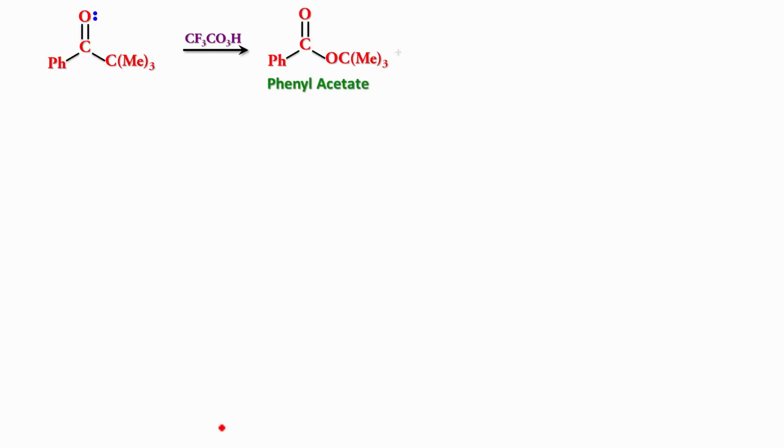So if you look at a reaction between a tertiary carbon and a phenyl group attached to the carbonyl carbon of a ketone, you know the O will get inserted between the tertiary carbon and the carbonyl carbon. So this is the product formed. And if you take cyclic ketones, for example, cyclic ketones will become lactones because O will get inserted.